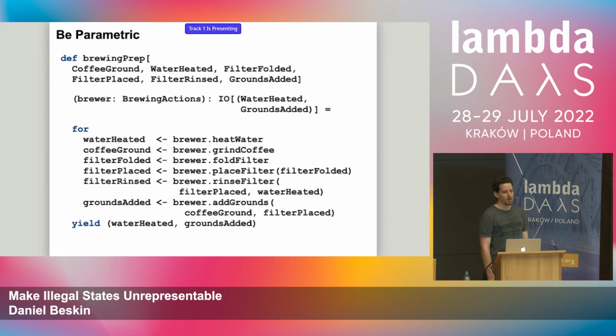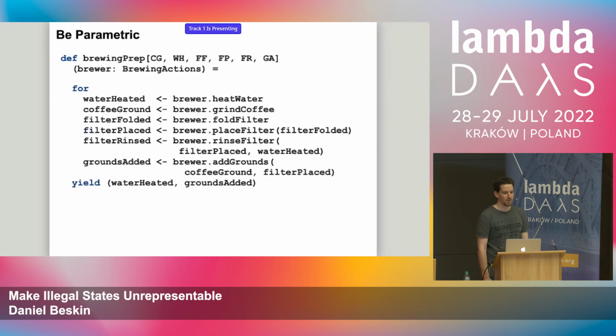Now, in order for this to work out, the brewing actions trait interface has to be adapted as well. It has to be parametric in the same way. But because slide space is limited, I'll abbreviate for a moment. And so now brewing actions is going to take the same 6 type parameters. The code looks exactly the same, but now we have type parameters.